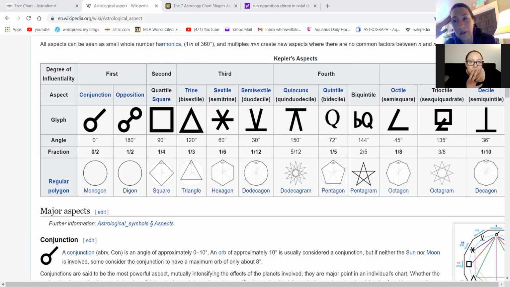You will get some aspects that don't exist yet. They're going to be like, it's not out there. It's for you to intuitively meditate on, if I were to draw this sacred geometric shape, how would I draw a 32-degree angle? What kind of shape would that be? So a lot of these are left for interpretation for you.